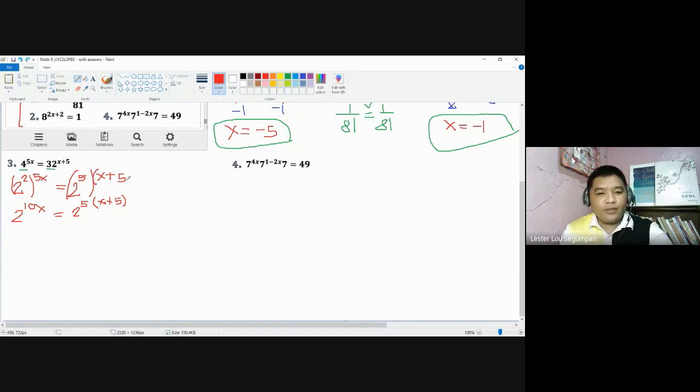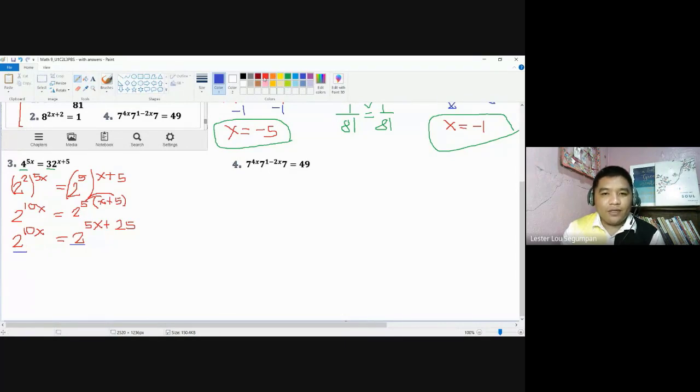So if we're going to do that, we need to distribute this 5 to both. Therefore, for the other side, it's still 2 to the power of 10x is equal to 2 to the power of 5x plus 25. Please do not forget to do that. And then here, since the bases are the same, use the property of equivalent exponents.